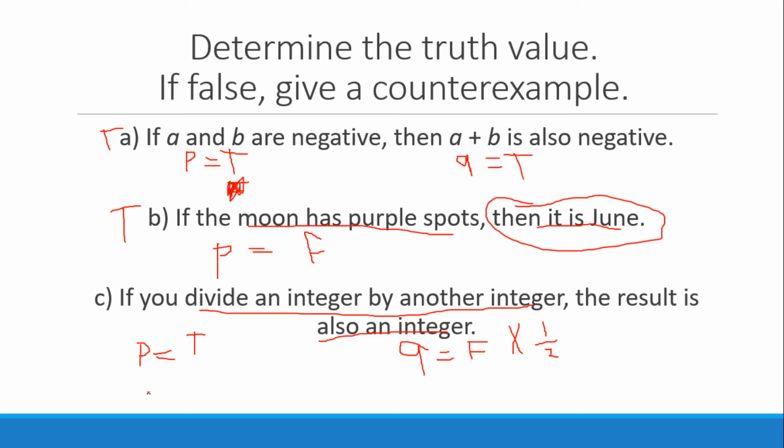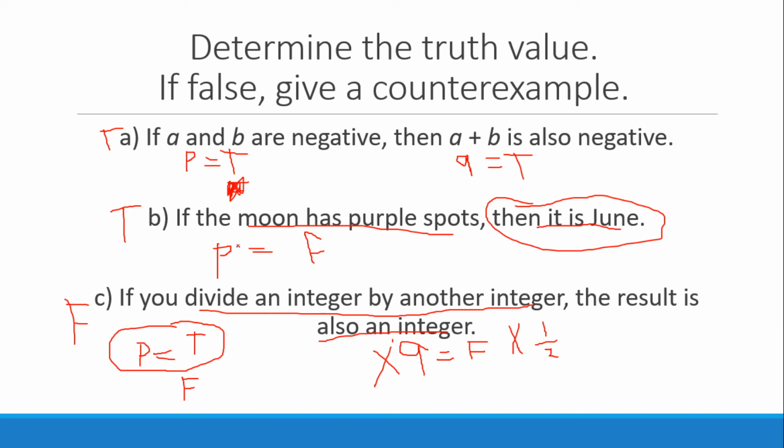So that doesn't work. What if our premise is false? Well, in this case, if you do not divide an integer by another integer, if you divide it by something else, you have no idea what the result is. So this statement is going to be false because when this premise is true, this doesn't work.